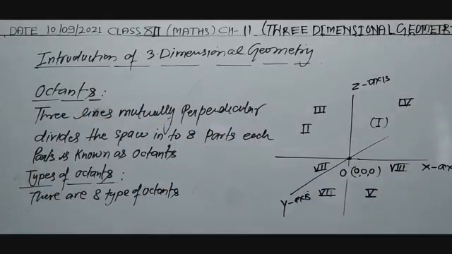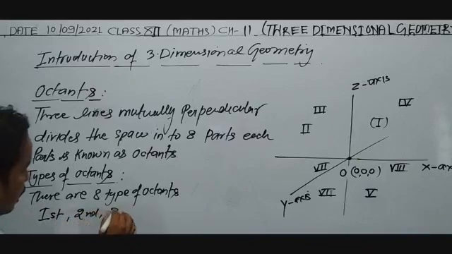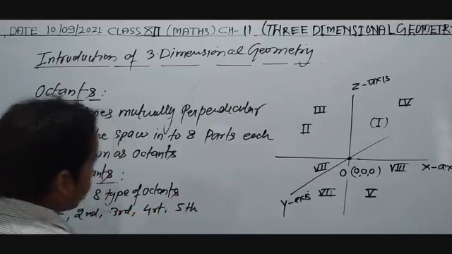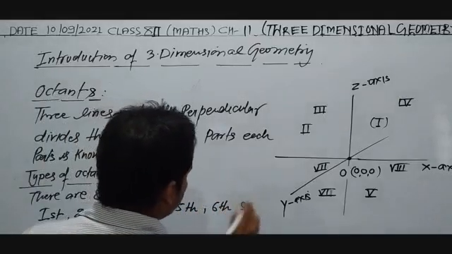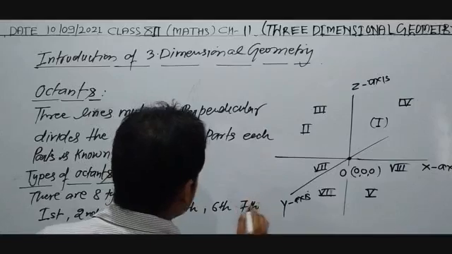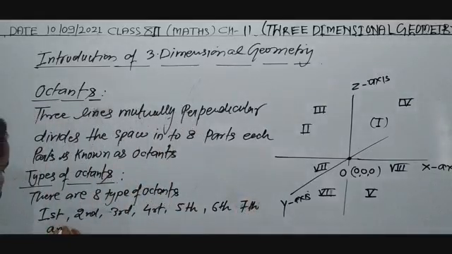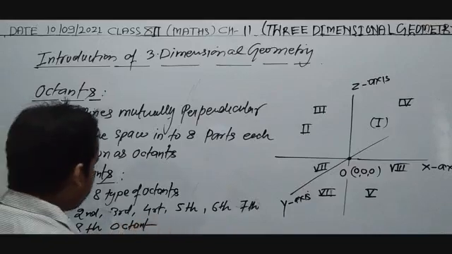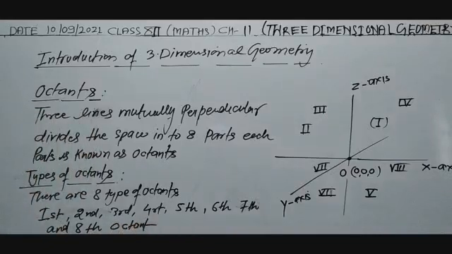So first, second, third, fourth, fifth, sixth, seventh, and eighth octant. So there are 8 types of octants.